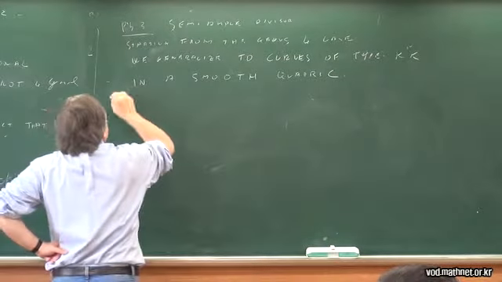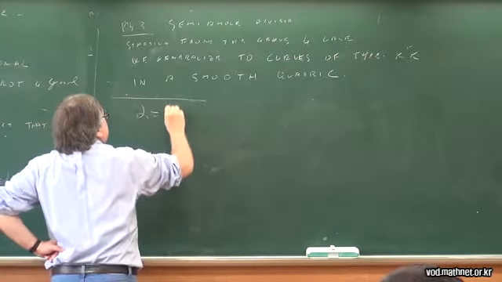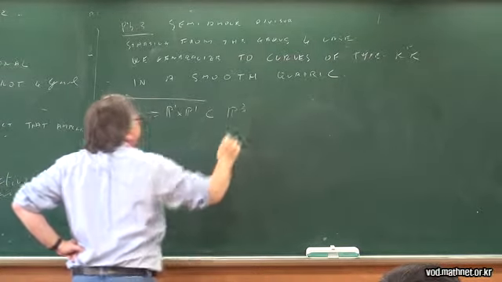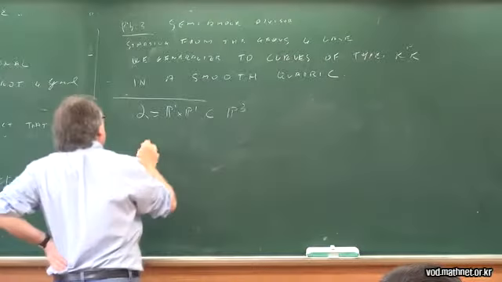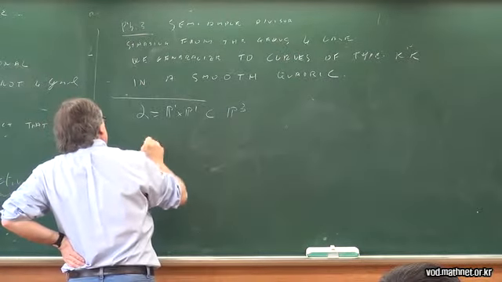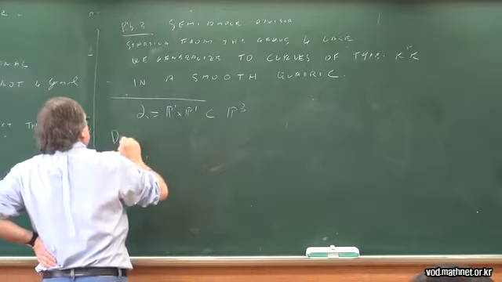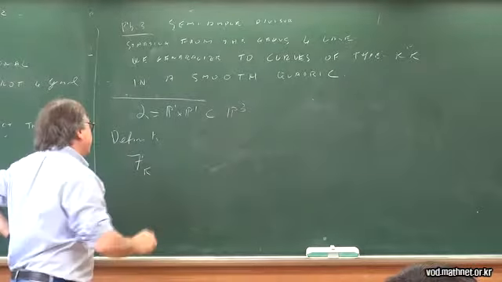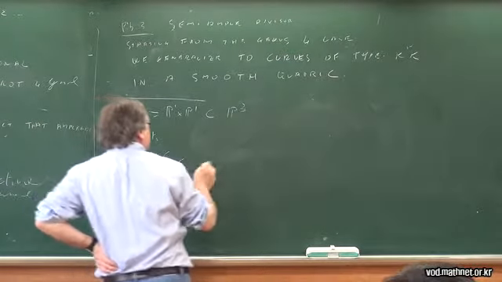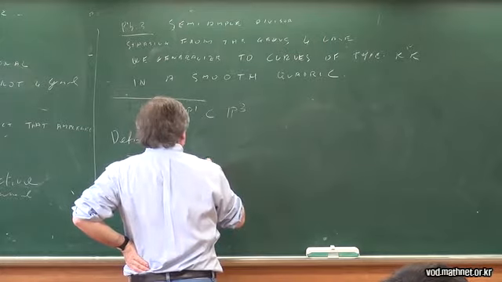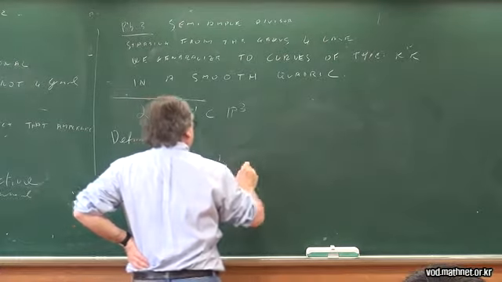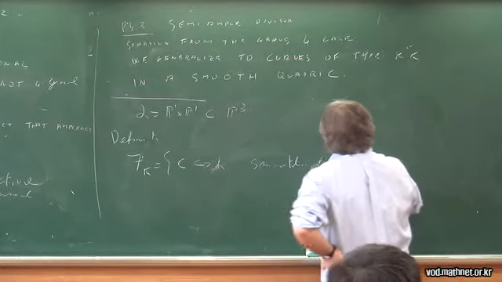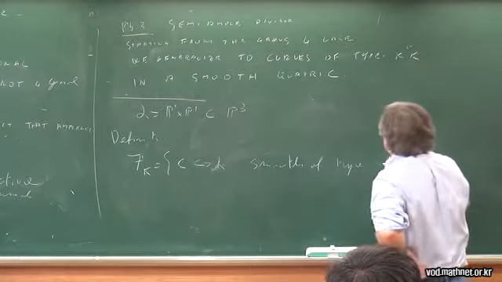So we take, if you like, you can embed in P3, and we take the curve C. We take the FK definition. We consider the family FK of the curve C in Q of type (K,K).